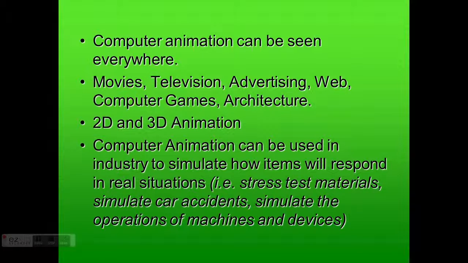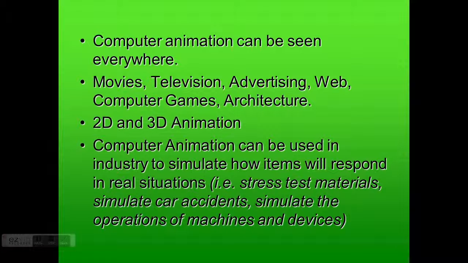Computer animation can be used in industry to simulate how items will respond in real situations. When they design cars today, they're getting to the point where they're getting away from using the crash test dummy to simulate how this car is going to respond in an accident. Because when you design your parts in 3D and you assign material properties to something, you can build that car, put a force on it, and see where things are going to fail.